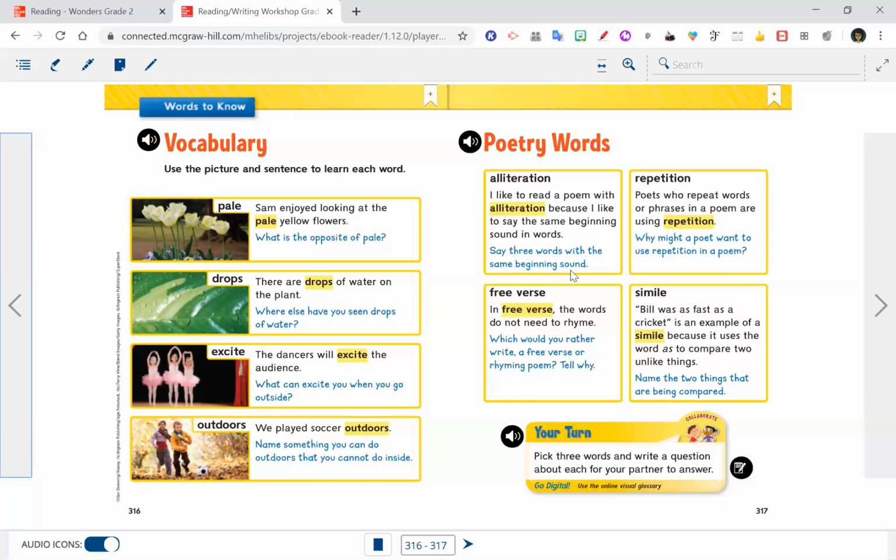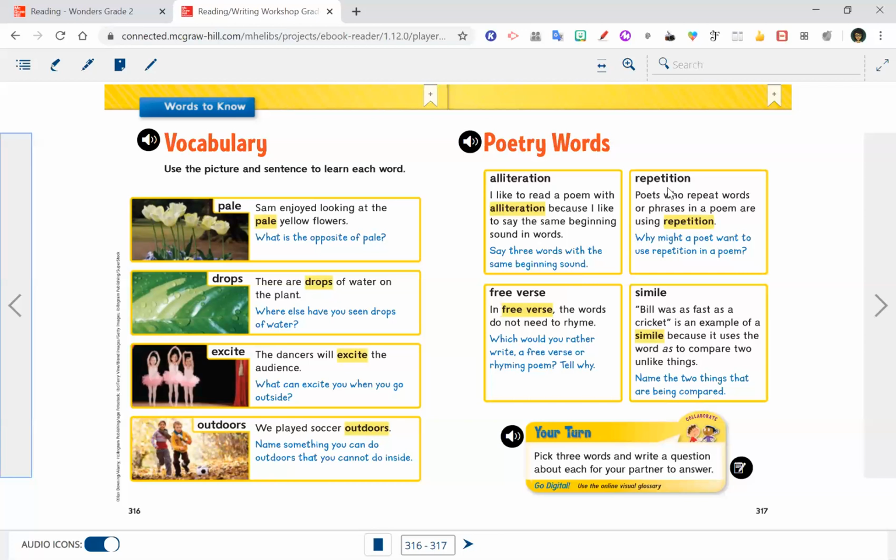I'm going to try one for you. I saw a big brown ball. What was the same beginning sound in those last 3 words? B, b, b. So sometimes poets can use that to help to bring thoughts or special feelings inside of the reader when they're writing their poem.